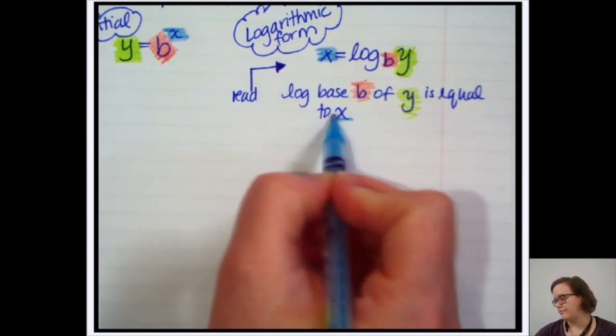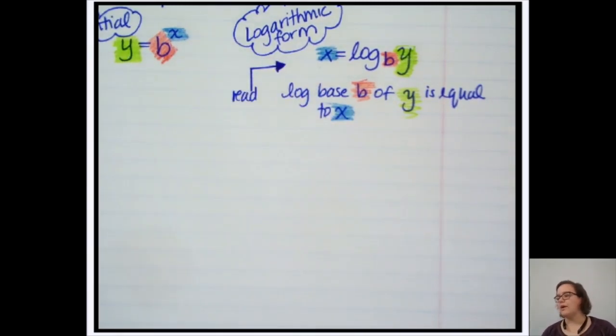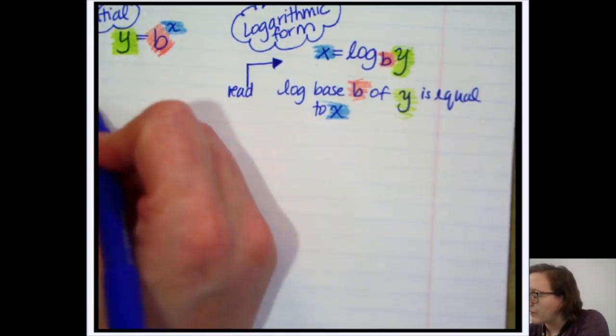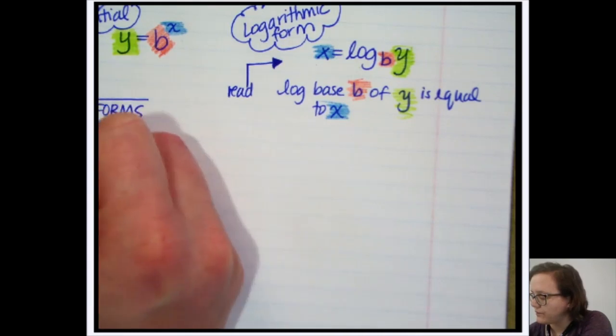So what I want us to do in this part 1 video is just go back and forth between the logarithmic form and the exponential form. We're going to go back and forth between the forms.